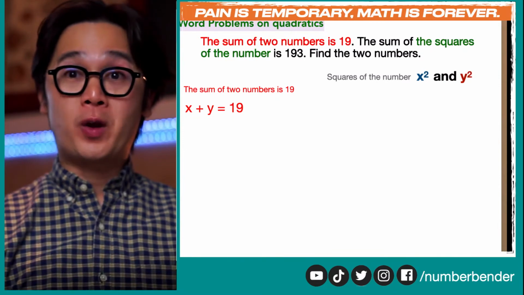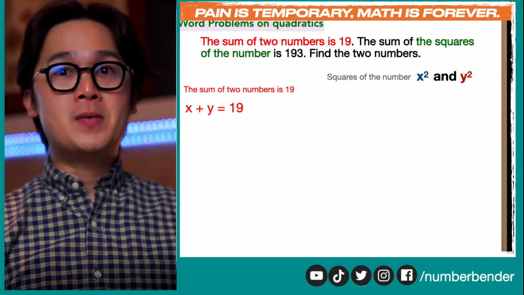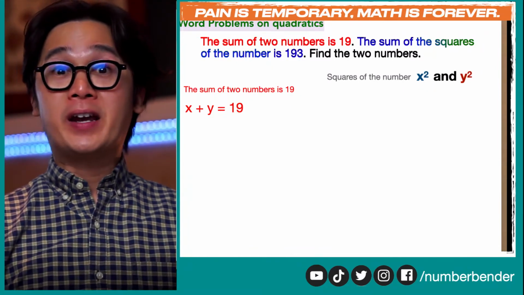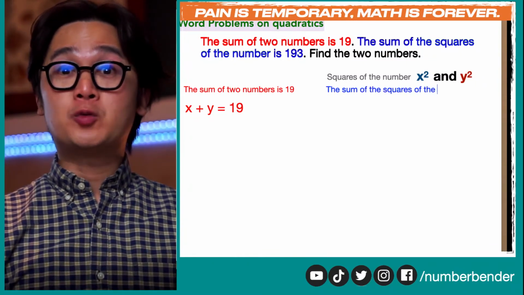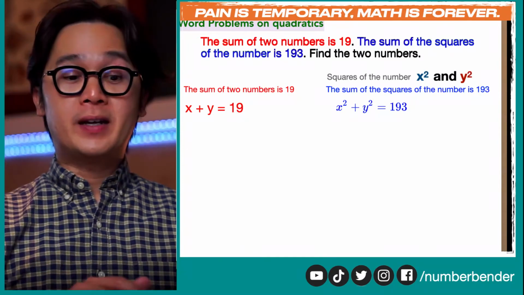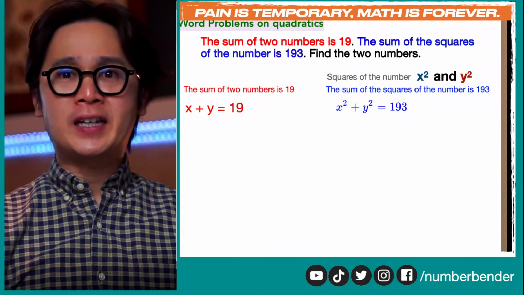So now we have x squared and y squared. And to complete our second statement, the sum of the squares of the numbers is 193. So now I can easily lay out my equation for my second statement, which will be x squared plus y squared equal to 193.